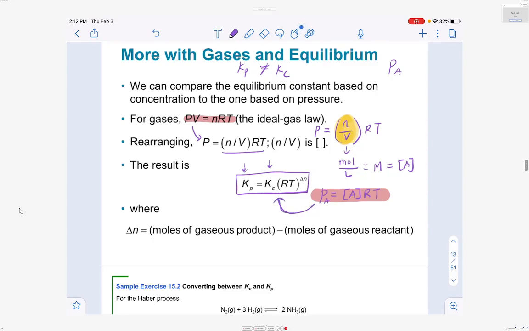I'm running out of time, and this rearranging of math takes a long time, so I'm going to continue that in the next class. As of now, just know that Kp is different from Kc. The numerical values are different, but if you know one value, you can find the other. Next class, I'm going to show you the process of how we arrived at this equation.